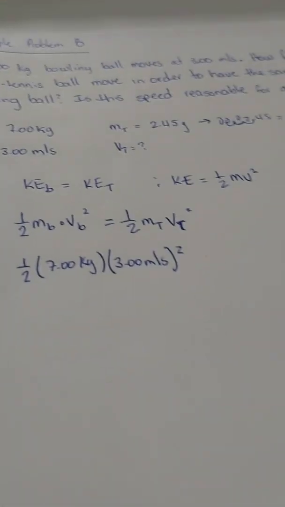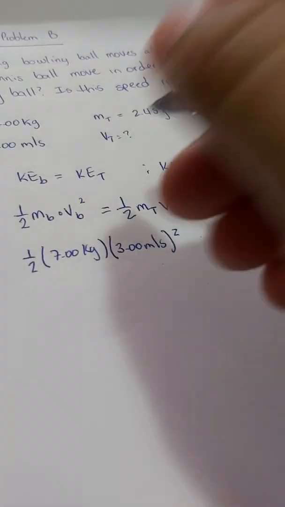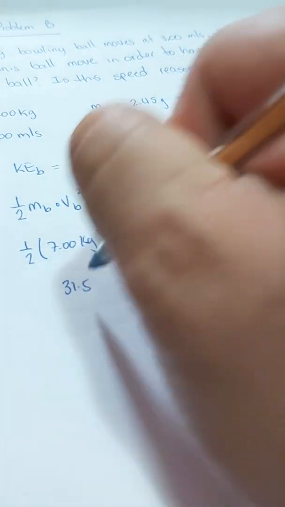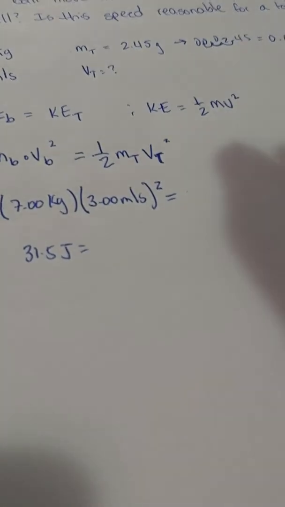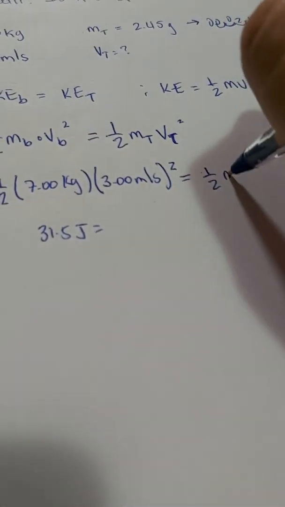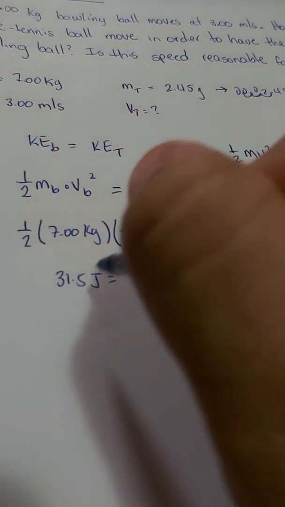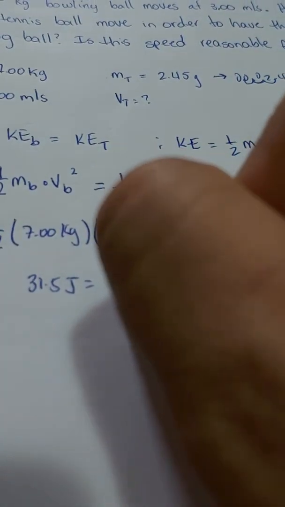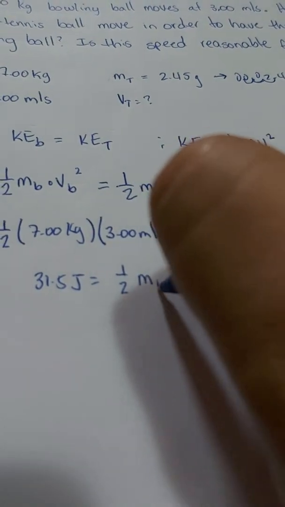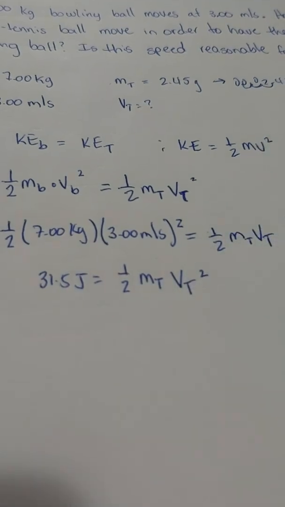Half of 63 will be 31.5 joules, equals, sorry, I forgot, 1/2 mass of the table tennis ball times velocity of the table tennis ball squared. So 31.5 joules is equal to 1/2 mass of the table tennis ball times the velocity of the table tennis ball squared.